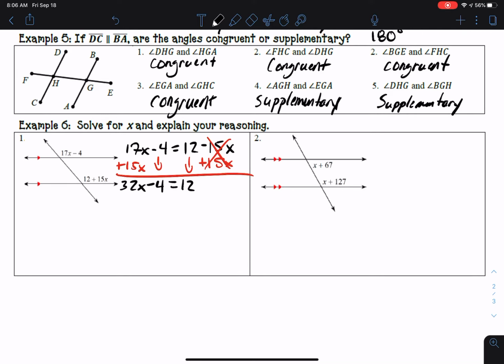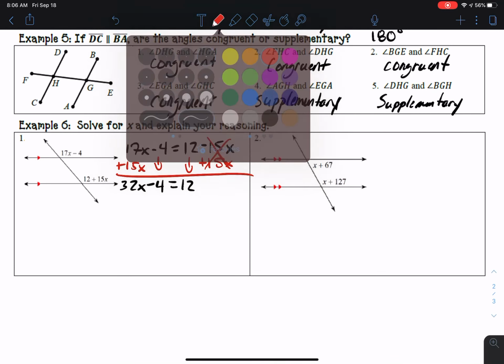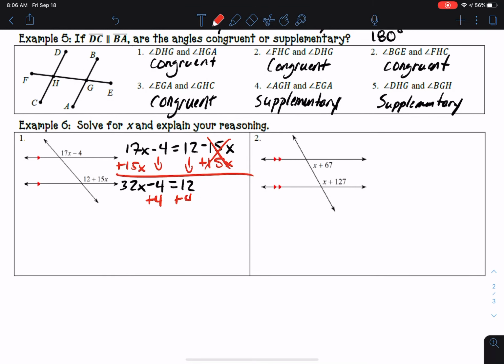All right, now I need to add 4 to both sides. Add 4, add 4. It's gone. This guy comes down. 32x equals 16. And then my last step is to divide by 32.